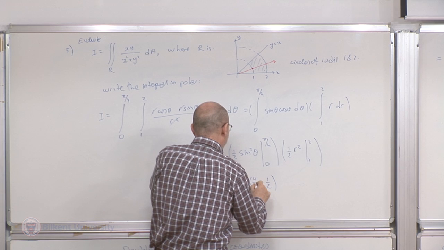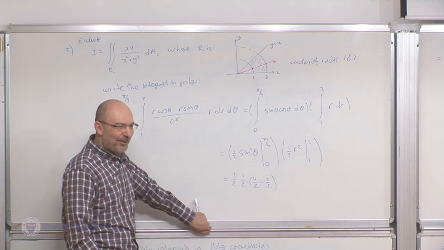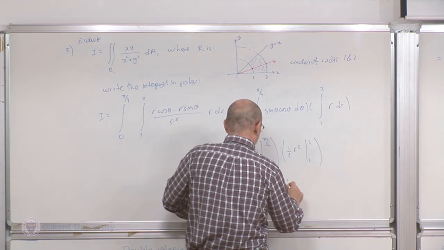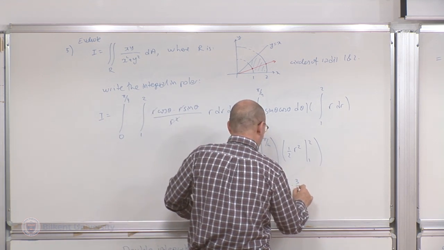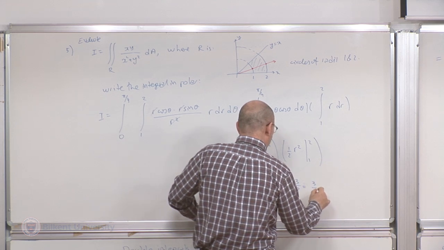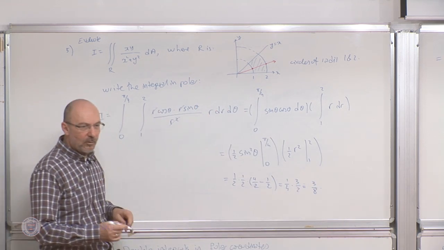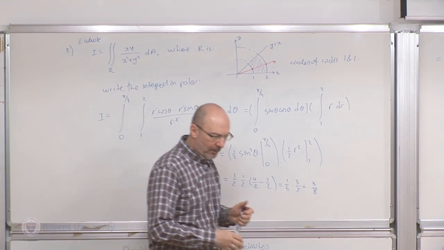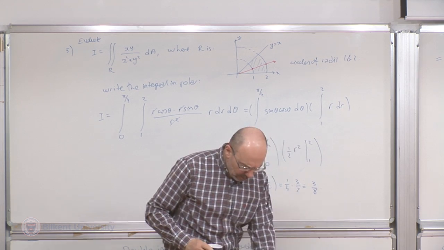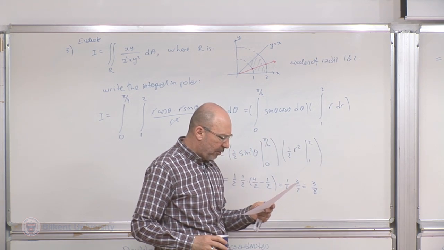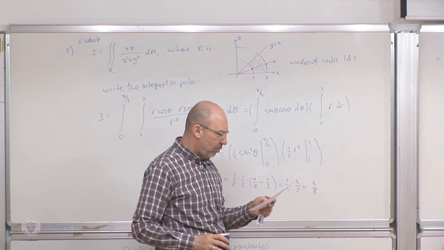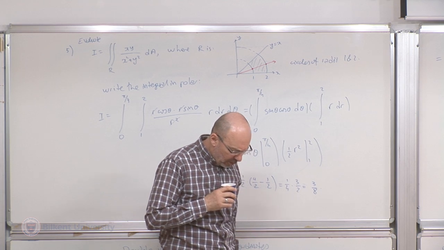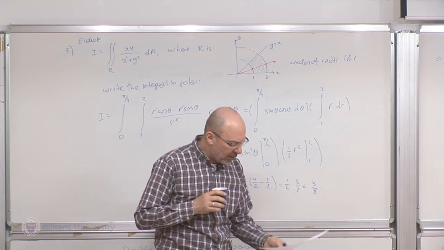So this is 3 over 2, times 1 over 4, which is 3 over 8. Everybody agrees with these numbers? In this problem, I didn't pass to Cartesian. Okay, so the next problem, for some reason, I didn't give it a number.